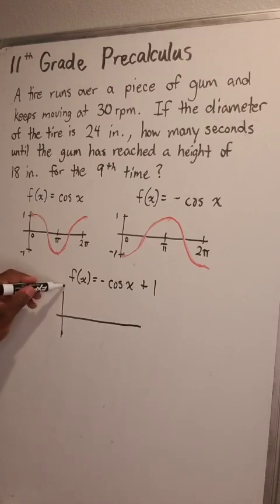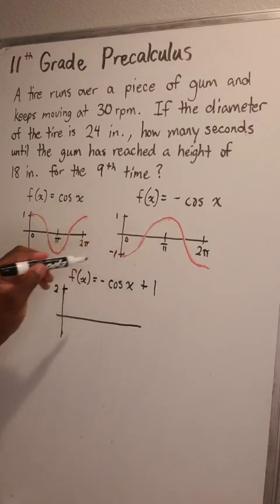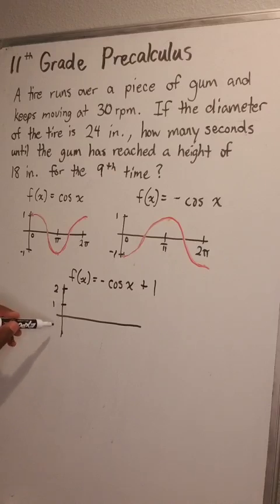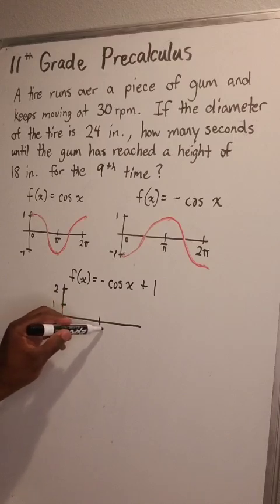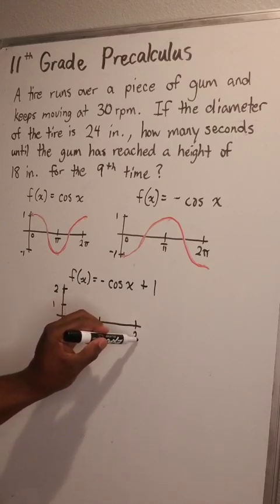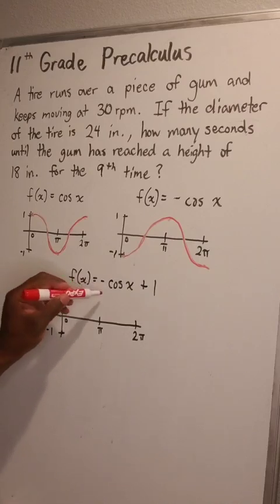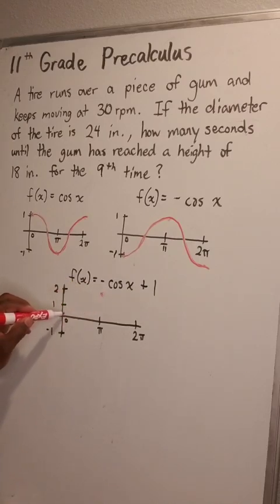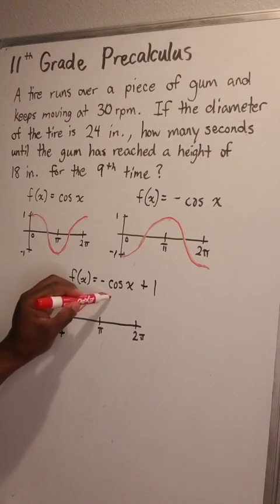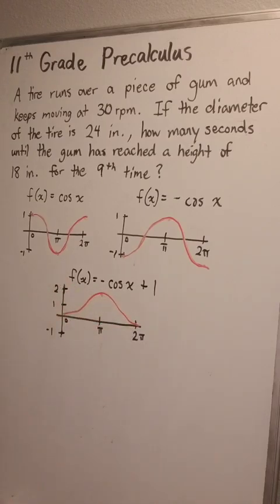So this time, I'm going to have 2 here because I go up from 1 to 2 at the peak. 1, and then also have -1 down here and 0 at the axis. Still have my pi and my 2 pi to complete the period. And so now that will look like this, where you go up to the peak and then come back down. And this parent function is what we're going to use, this version here, because it's realistic.